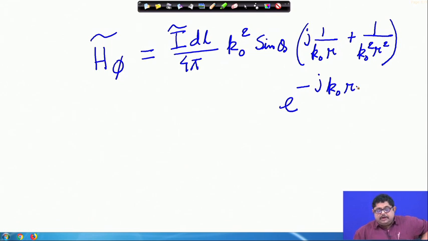So, this is our H phi, that means the magnetic field only has an azimuthal component, it does not have any radial or elevation components.